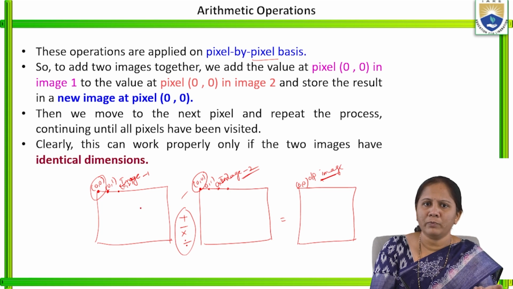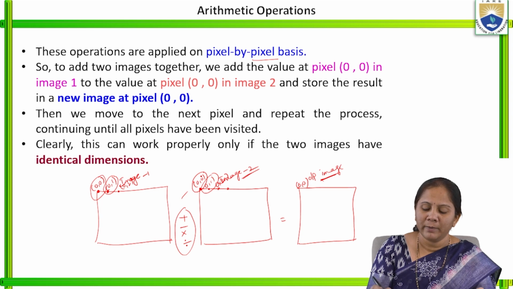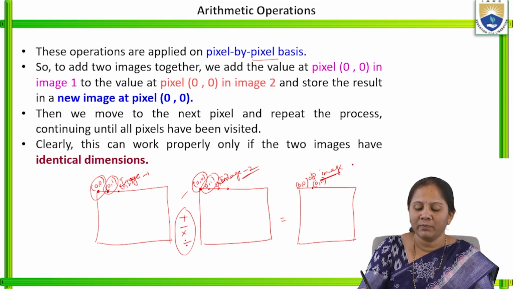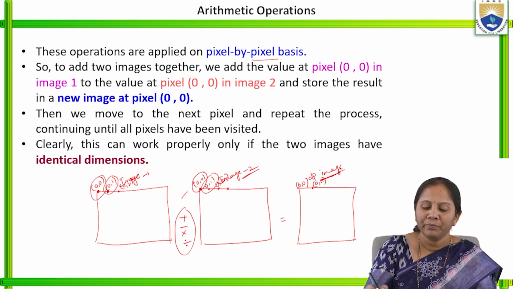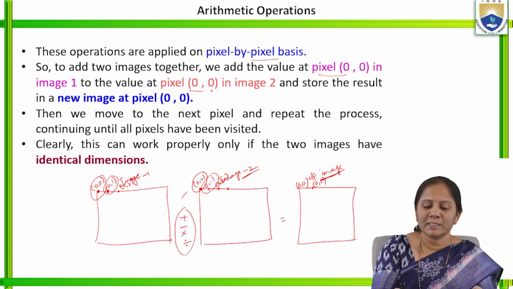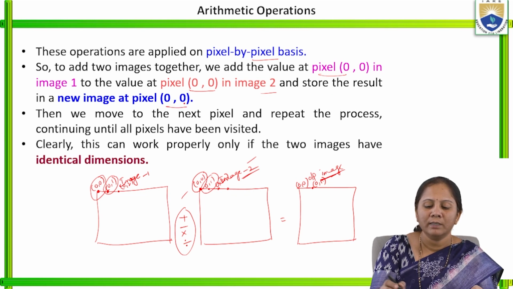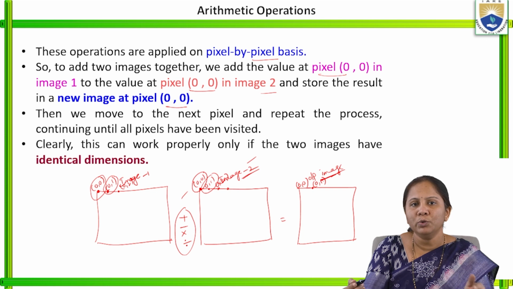After that, we have to perform the arithmetic operation between the next pixels, that is 0,1 of the first image and 0,1 of the second image. Then we get the new pixel 0,1 in the resultant image. So we perform the arithmetic operation between the value at 0,0 in image 1 and the pixel value at 0,0 in image 2 and store the result at pixel 0,0 in the new image.